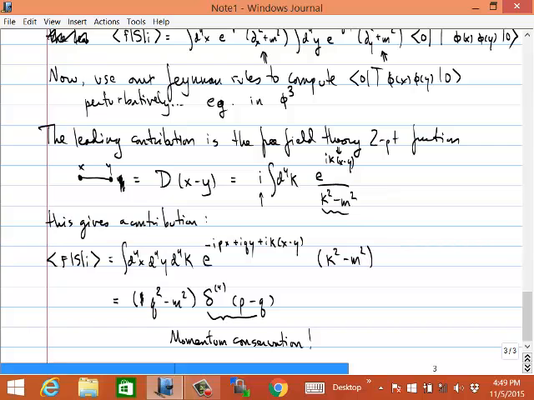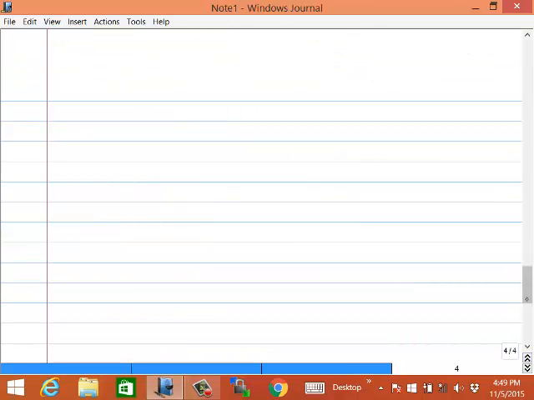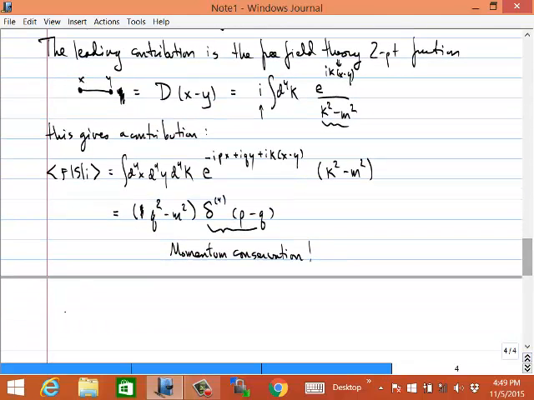So let's consider another, more sophisticated contribution, a contribution from a more exotic Feynman diagram. So let's consider the contribution to, so what did I call them? x1 and x2.